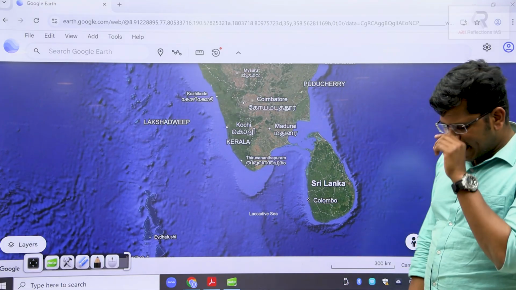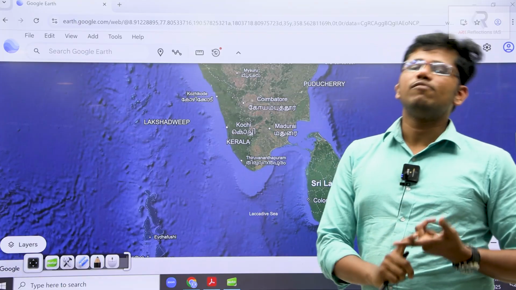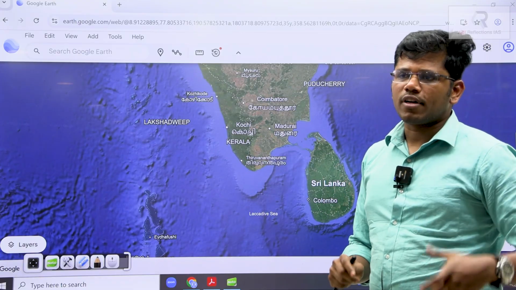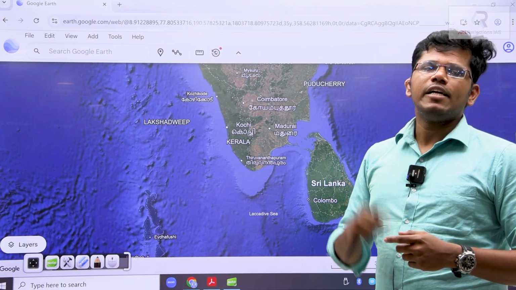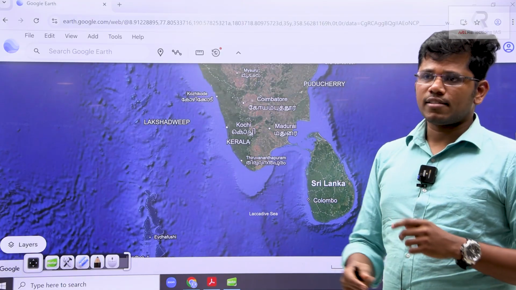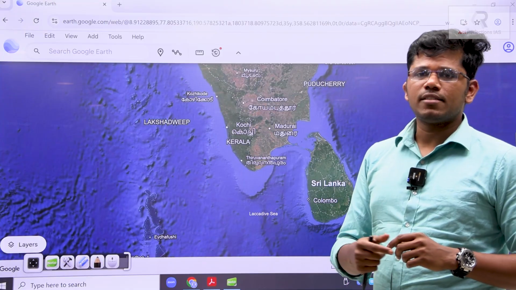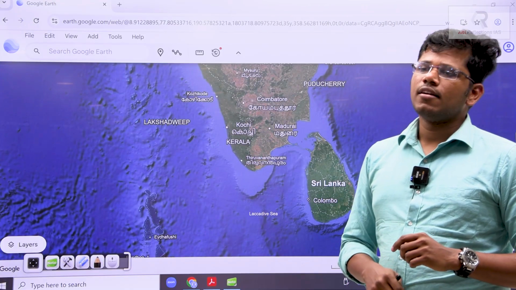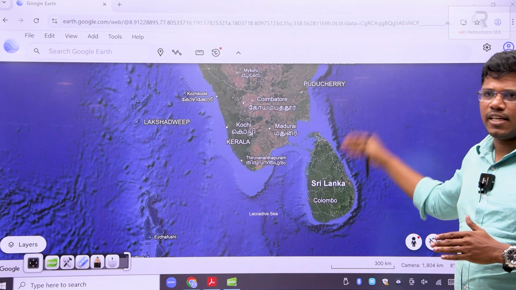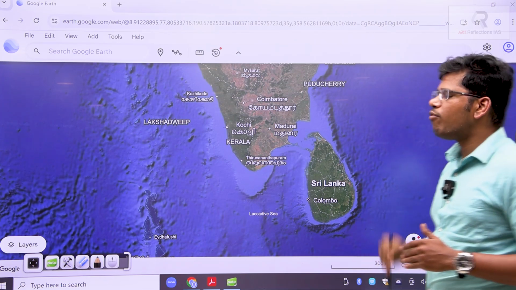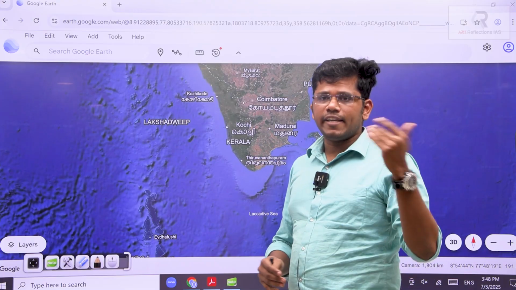So what Sri Lanka did was give its port for refueling that Pakistani submarine. It angered the Indian authorities, especially the Prime Minister at that time, Indira Gandhi. She decided it was time to teach a lesson to Sri Lanka. So she opened a fault line called LTTE.